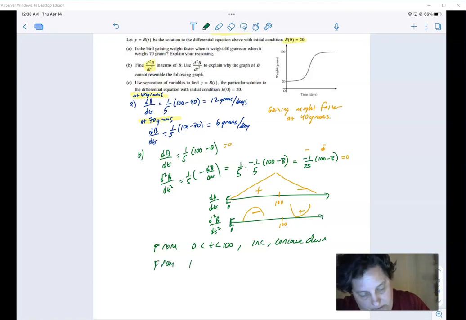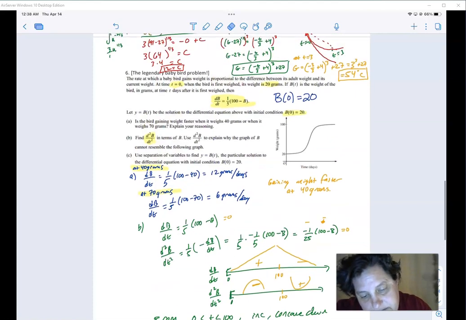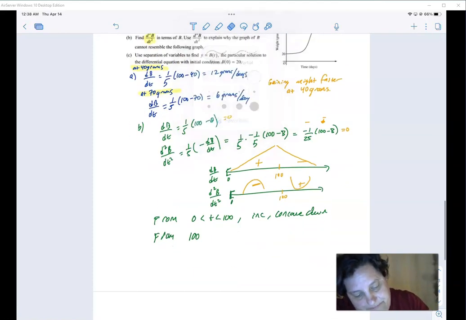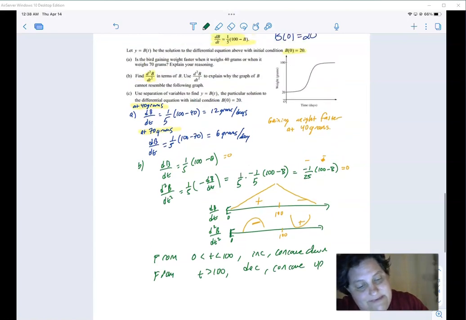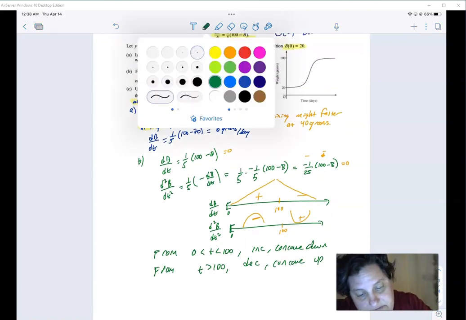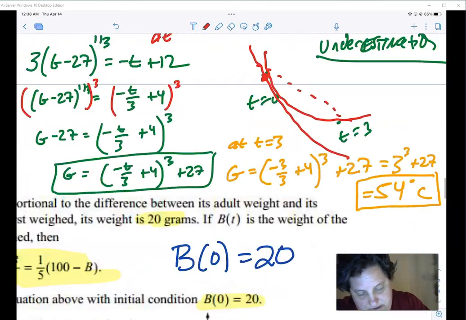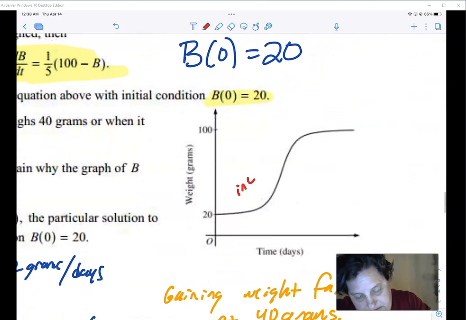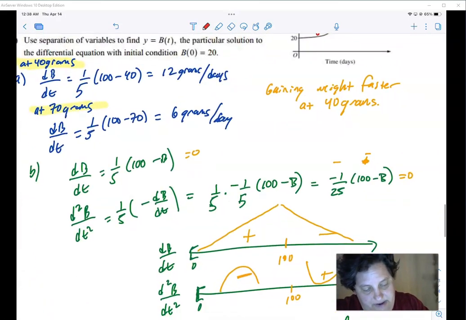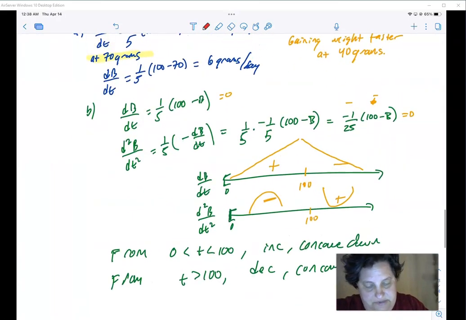Beyond 100, we don't know where it stops, does it say it stops at a certain point? No. So bigger than 100, it's decreasing and concave up. This does not match the graph, because this graph is increasing concave up. This is increasing concave down. That does not match what I got. So you'd use that to explain.